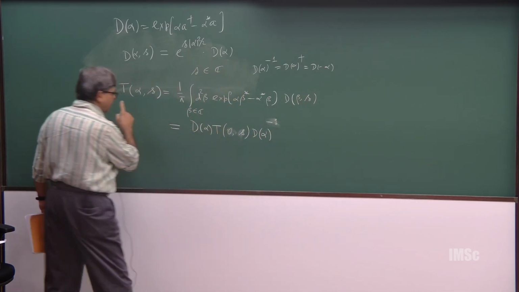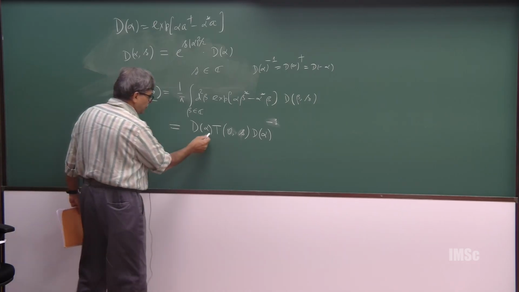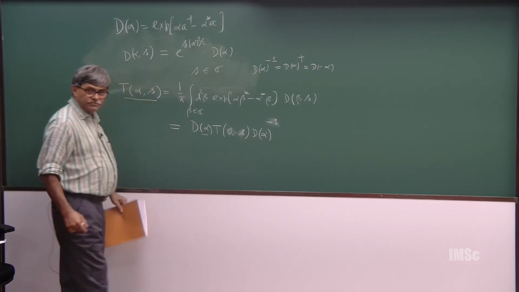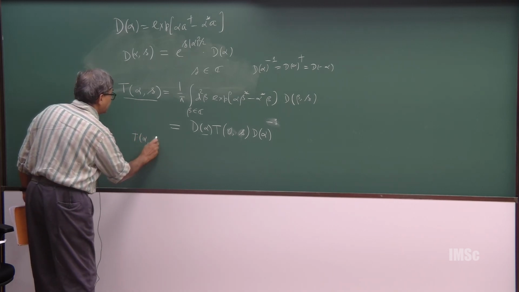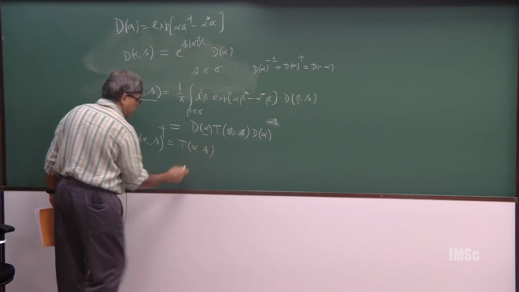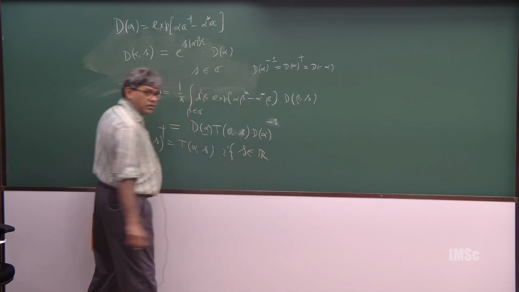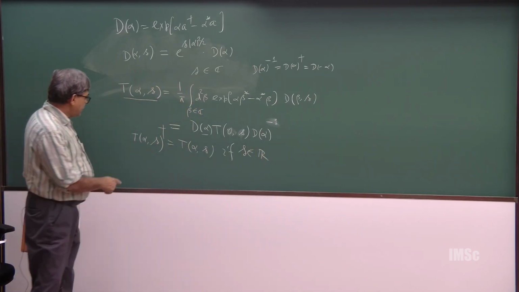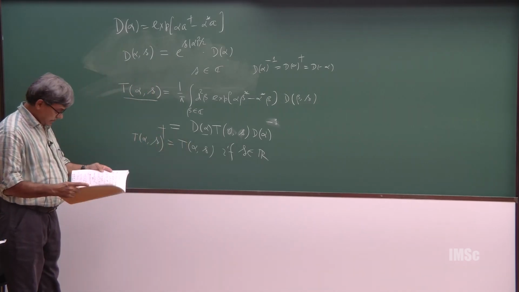So, the alpha dependence of this T alpha s is through these displacement operators. And we have also seen that this operator is Hermitian if you take alpha s to be real. For real parameters, this is Hermitian, whatever be your alpha, it does not matter.